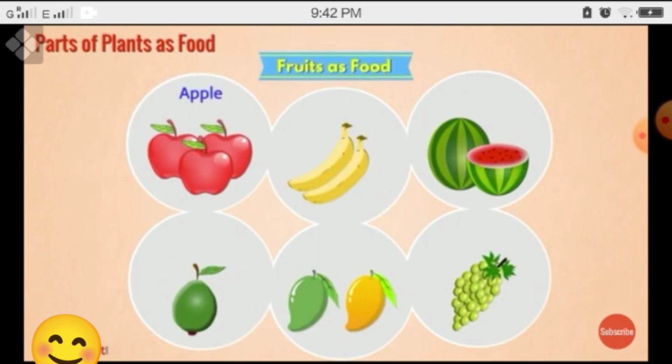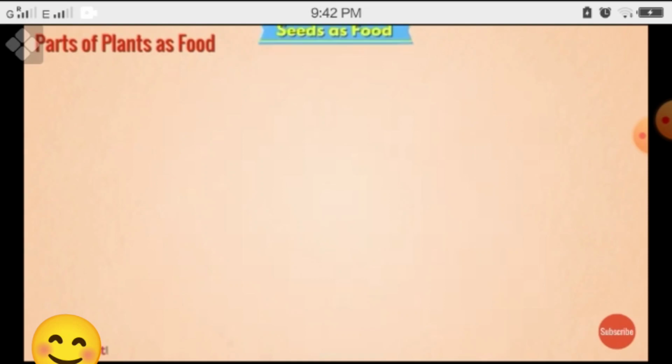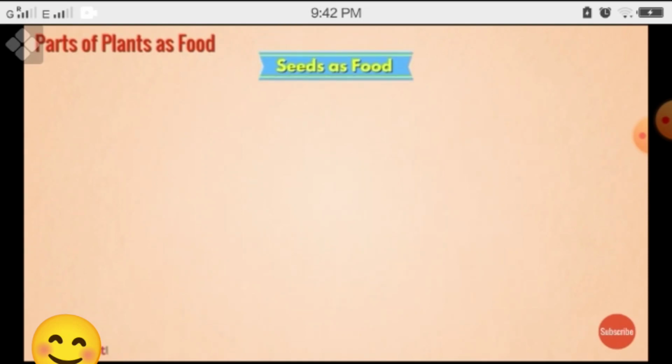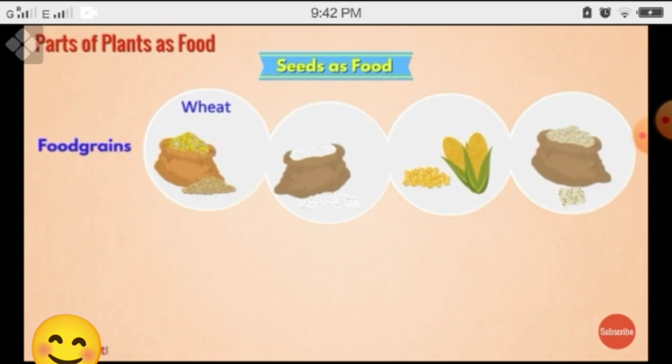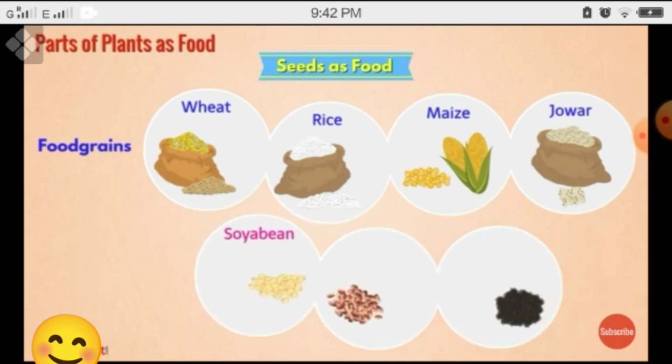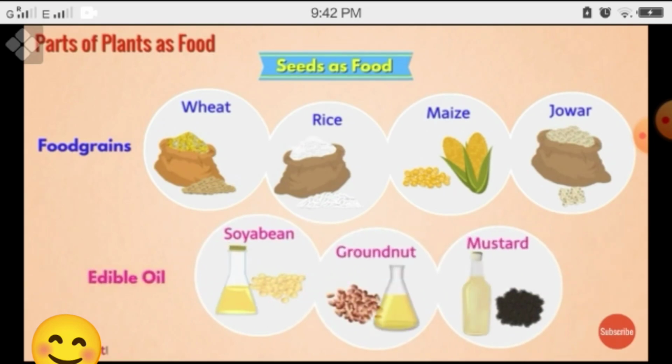Examples are apple, banana, watermelon, guava, mango, grapes, etc. Seeds are a very important part of our food. Most of the seeds are in the form of food grains. Example, wheat, rice, maize, jowar, etc. From the seeds of plants like soybean, groundnut, mustard, we obtain edible oil.